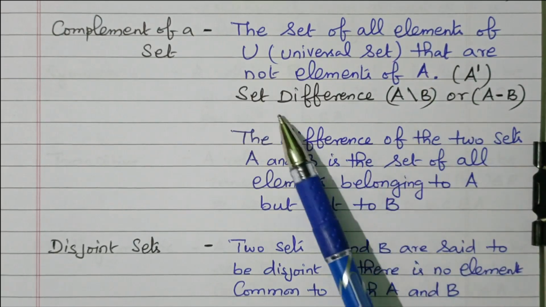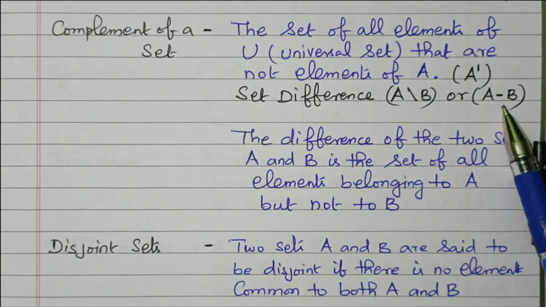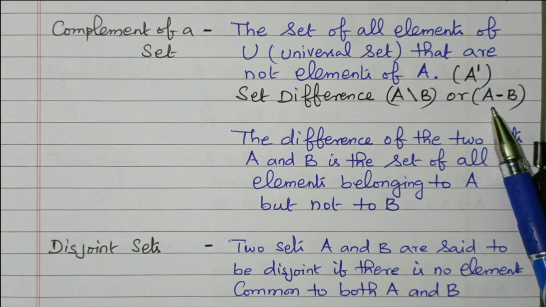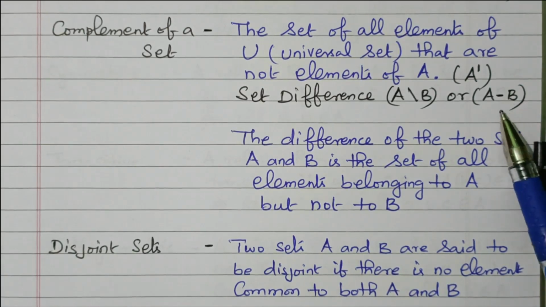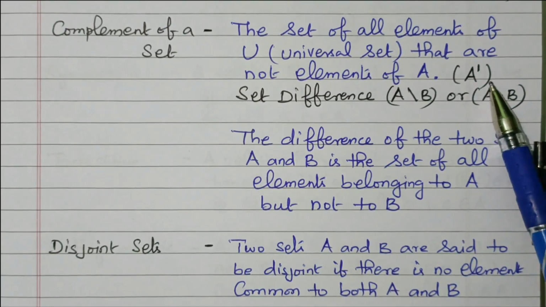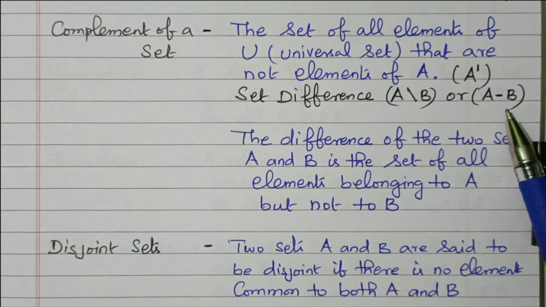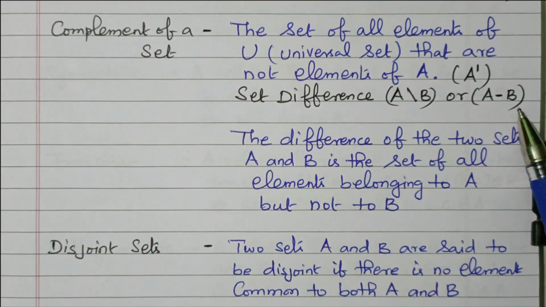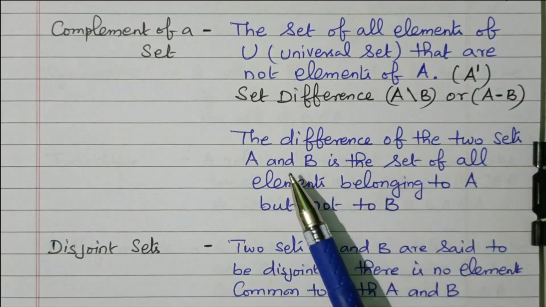Set difference, A slash B or A minus B. A is a set and B is another set. A minus B means the elements available in B are eliminated from A, so that only the elements available in A will be given.